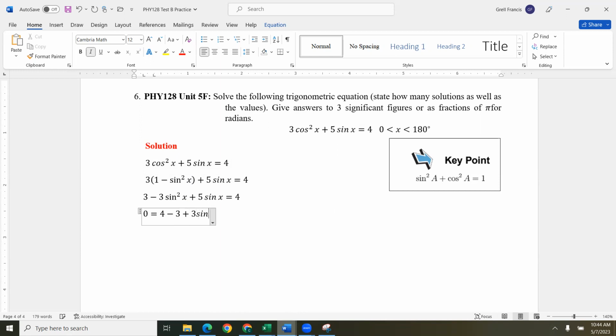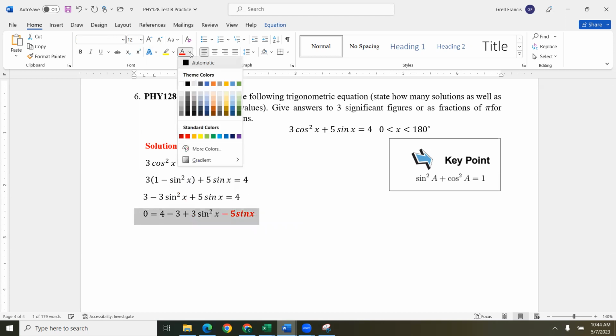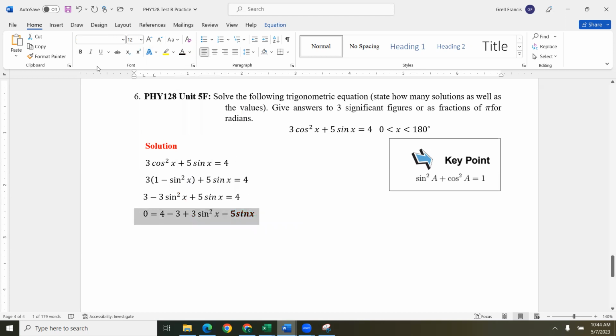plus 3 sine squared x subtract 5 sine x. Okay, because we have subtract 3, we added 3 sine squared x, and we subtract 5 sine x. So 4 subtract 3 will give us 1.